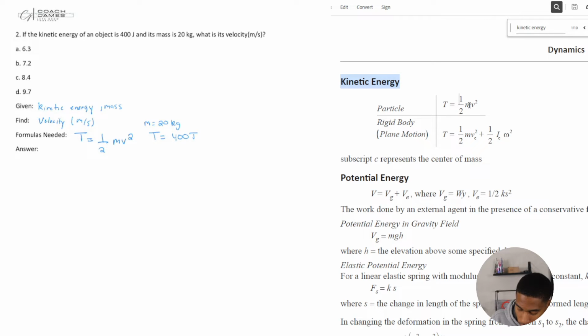And if I know that 1 joule is equal to 1 newton meter, I don't know if that helps me much here, but if I say 400 newton meters, I'm just trying to make sure my units are able to cancel here.